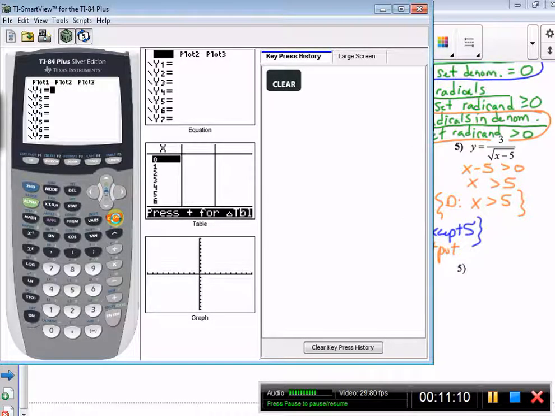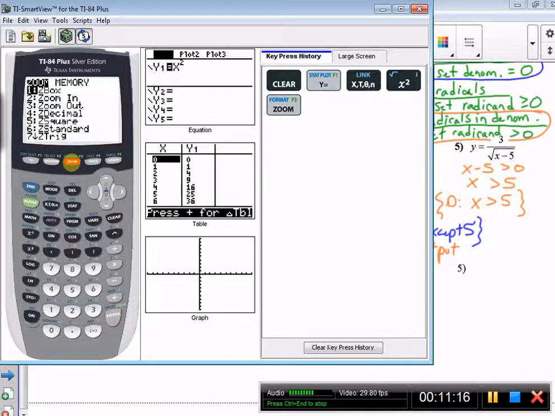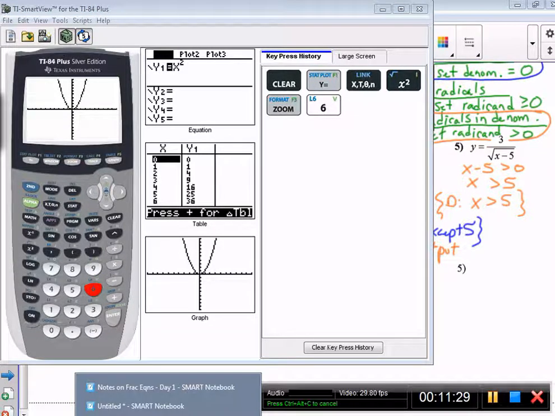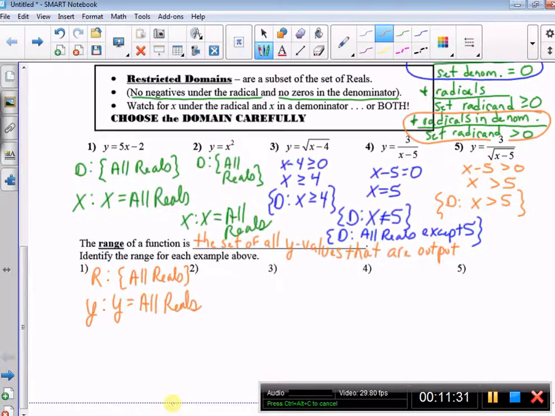And we go to y1 and enter in x squared, and I go to zoom 6. You can see that it's a parabola that looks like that. So I'm going to draw the sketch like that. The minimum point is clearly 0, 0. So my little sketch here gives me this kind of a figure.